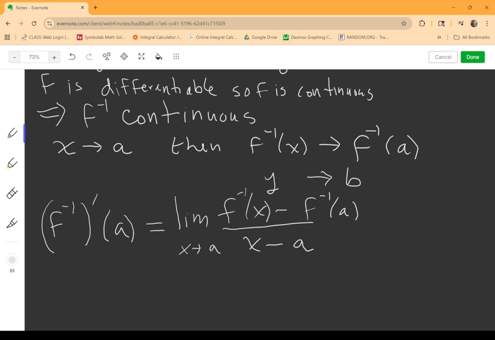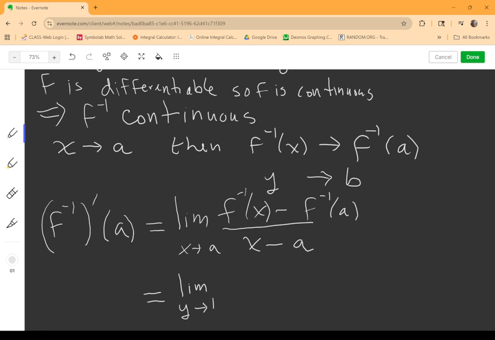Okay, and then here, doing some substitution of what we have up here, as x approaches a, then these other quantities hold true. So I'm going to rewrite this, doing some substitution to arrive at my conclusion. As x approaches a, then y approaches b. So I'm just going to switch that out.